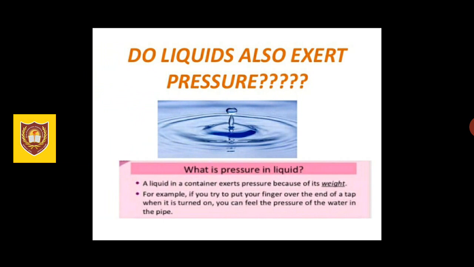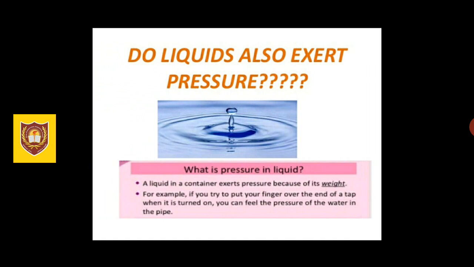Do liquids also exert pressure? What is pressure in liquids? We know that liquids have weight. For example, water has weight. When it is filled in a container, it exerts pressure on the walls of the container due to its weight.